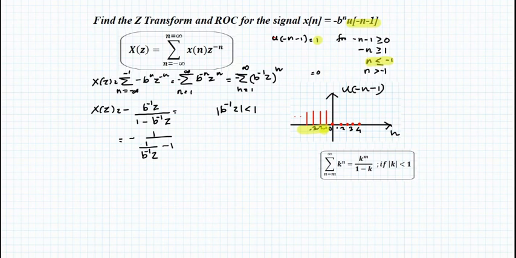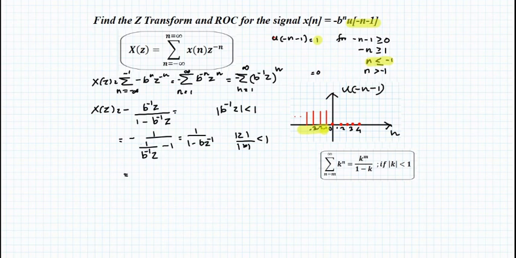And again, if you multiply with this minus, I can write 1 by 1 minus b z raised to minus 1. Taking b raised to minus 1 becomes b, and z becomes z raised to minus 1, and we are multiplying with minus, so you will get this. And the condition is modulus of z by modulus of b less than 1.